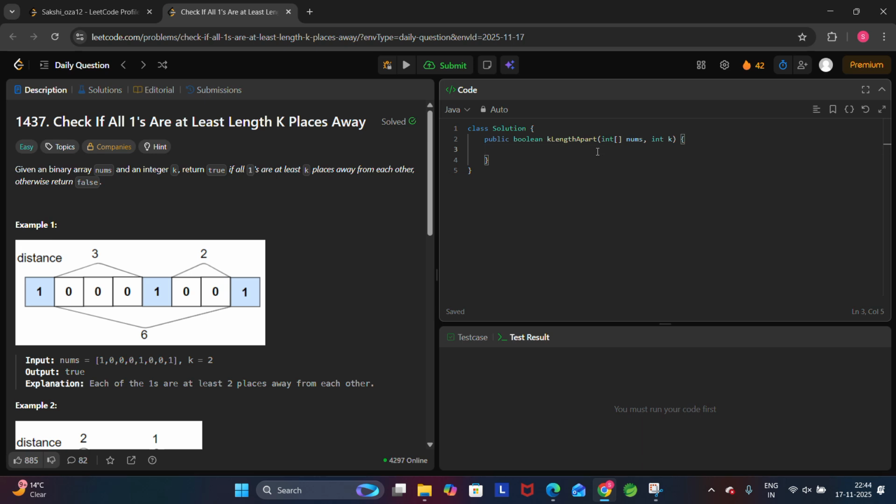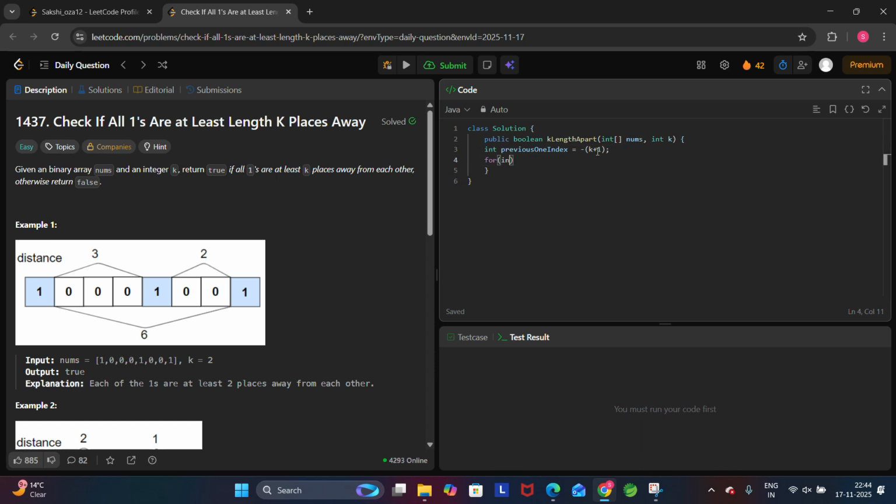Here we have written a class Solution and public boolean kLengthApart, where an integer array nums and integer k have been taken. After that we will write an int previousOneIndex equals to minus k plus 1.